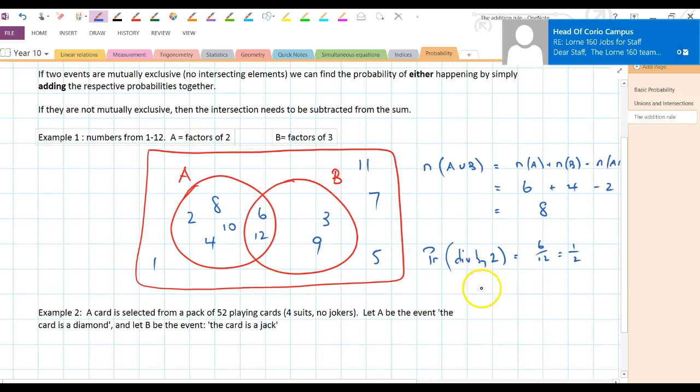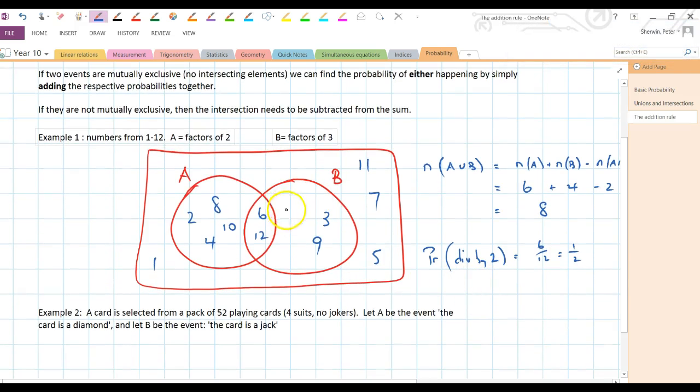If it was the probability that it was divisible by 2 and 3, it would be those two, so 2 out of 12. 2 or 3, so the probability is divisible by 2 or 3. Now this is the same as A union B. You'd add up the 2 and the 3, and then you'd subtract the 2 in the middle. So you'd go 6 plus 4 minus 2 is 8 over 12, which is 2/3.